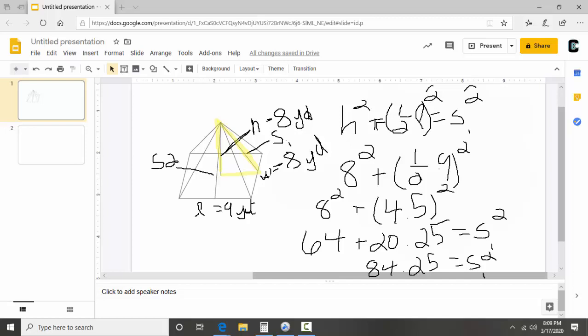But remember this, folks. Look at all the other numbers you chose, 8, 8, and 9. What makes us think that S1 is 84.25? That's way far off from all the rest of them. That doesn't make any sense whatsoever.